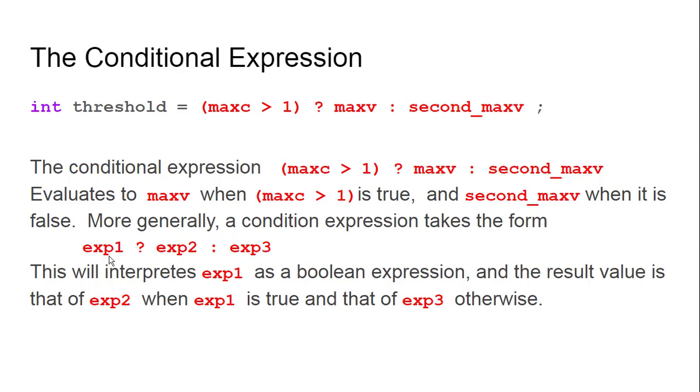Expression 1 will be interpreted as a Boolean expression. Of course, as we discussed earlier, it could actually be a number; so long as it's non-zero, it will be interpreted as true. If expression 1 is true, the result will be expression 2's value. Otherwise, the result will be expression 3's value. So that's what we want here.